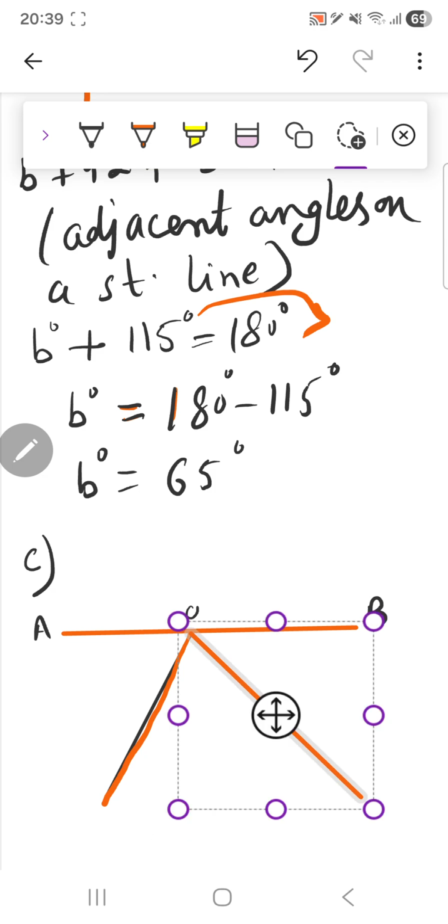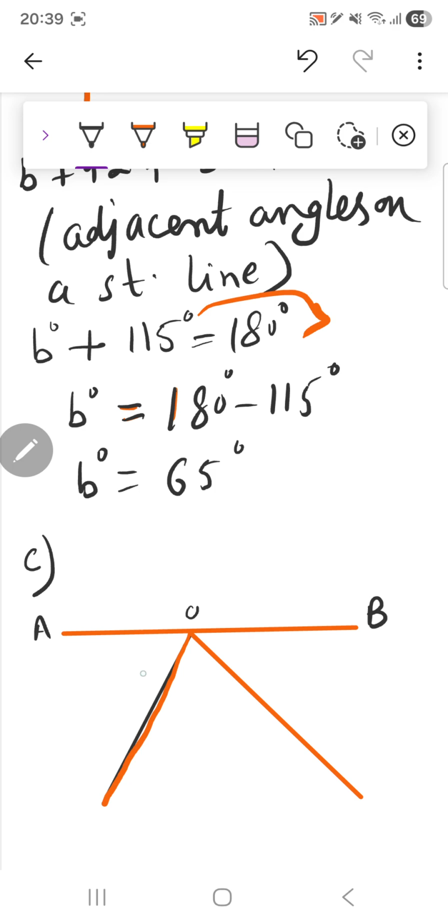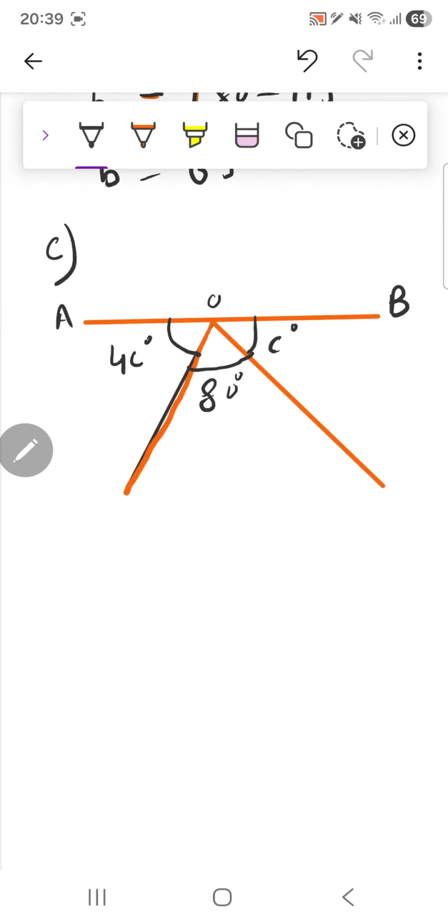This angle is 4C. This is C. And this angle is 80 degrees. So again, first thing you are going to write the equation C plus 80 equals 180 degrees, and the reason is adjacent angles on a straight line.